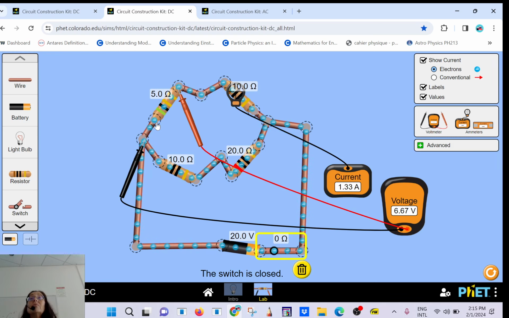So the first thing to remember is when an object is charged. For example, I brought a balloon somewhere. I'm going to rub it against my hair and it's going to become charged. That means either electrons are gained or electrons are lost.